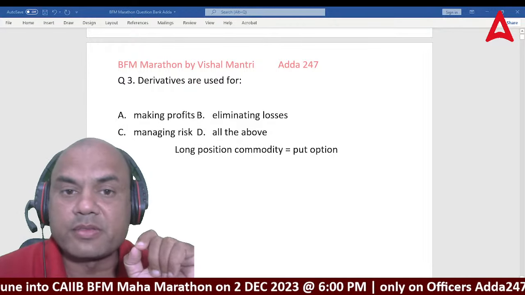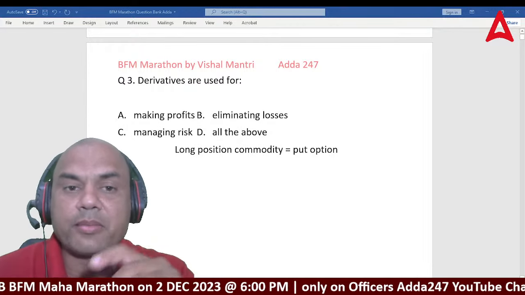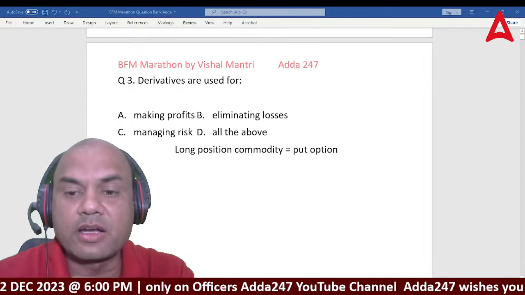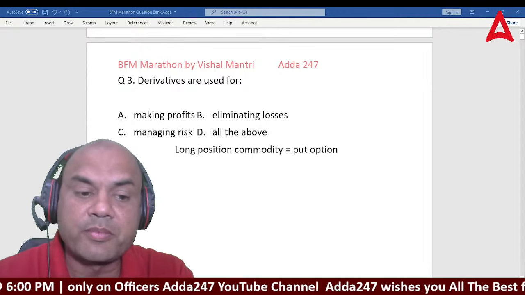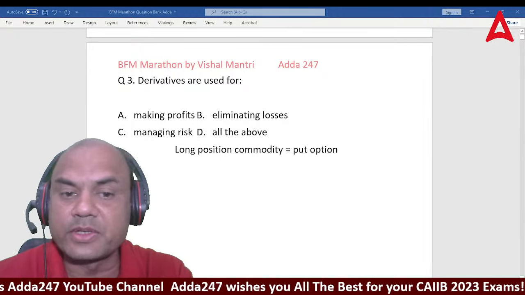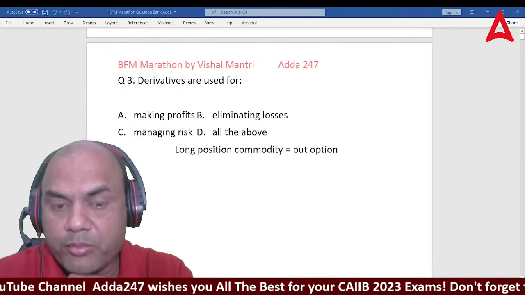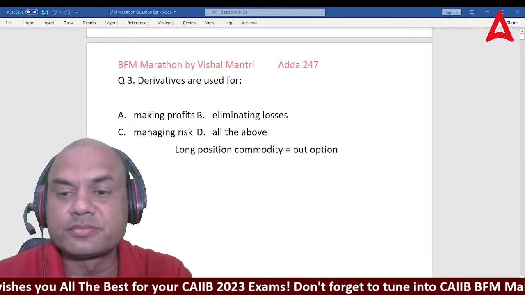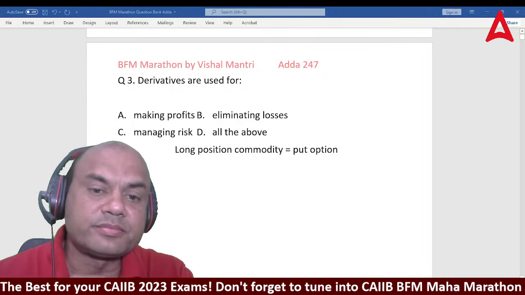What is a put option? Type in the comment section: put option is for buying or selling?